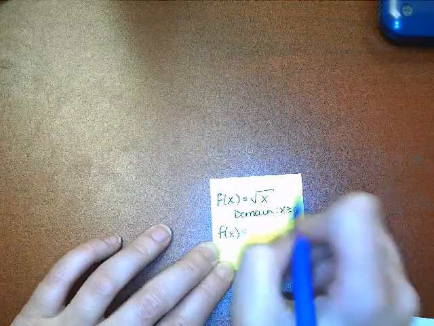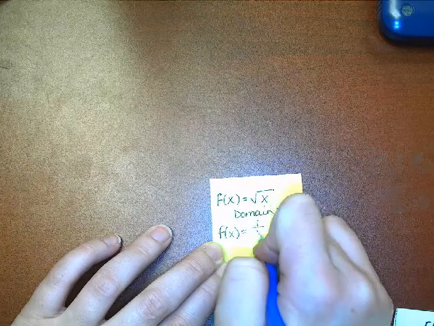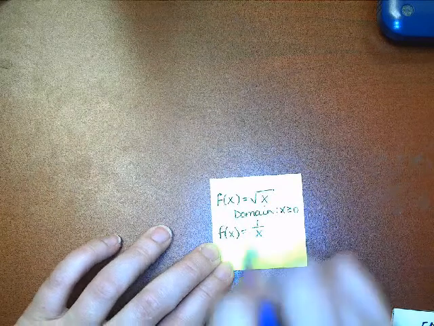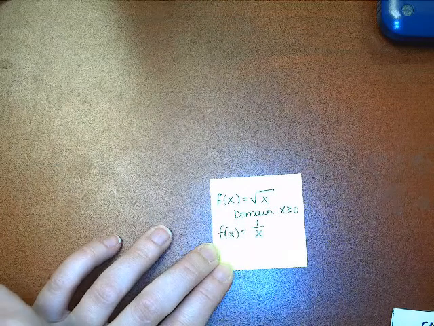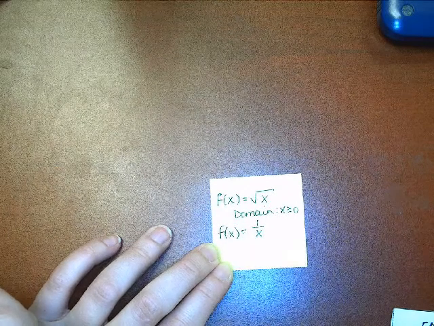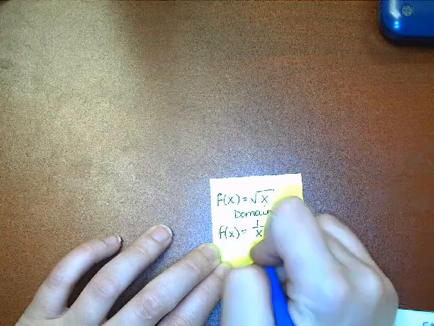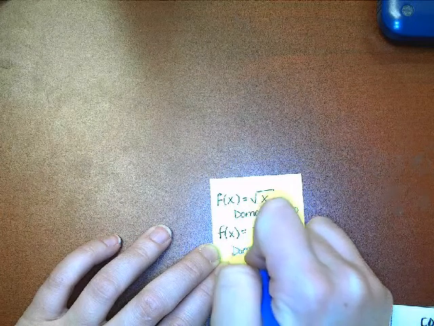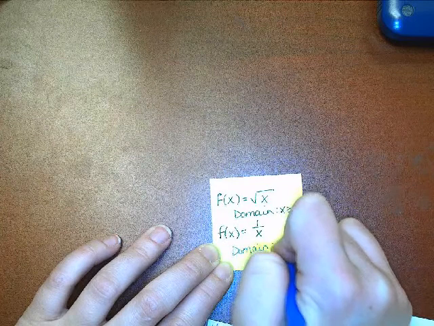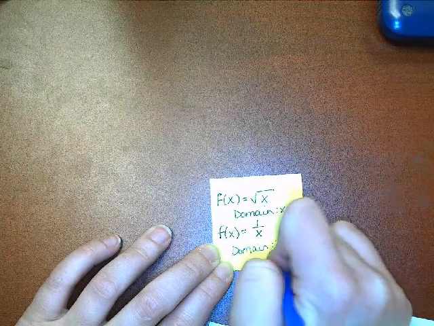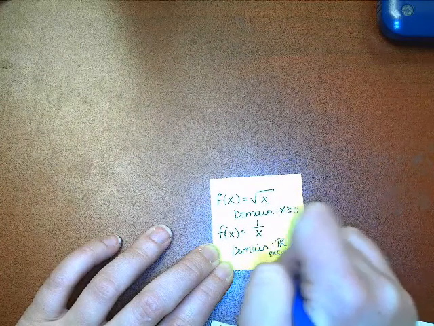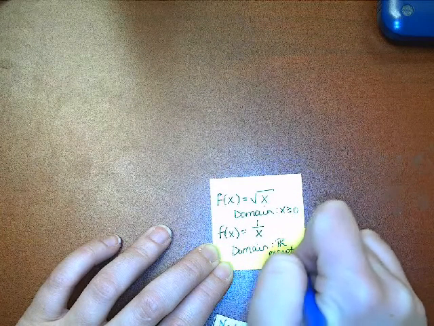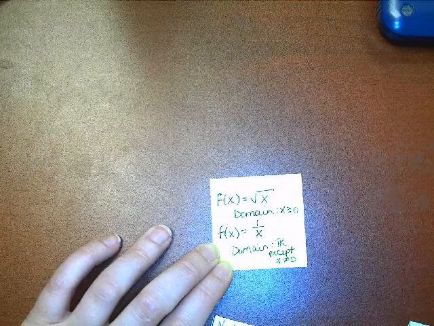The other domain restriction we see is with f of x equals 1 over x or 1 over x squared. What do we know about that function? Yeah, x can't be 0, right? So the domain is all real numbers except x cannot equal 0.